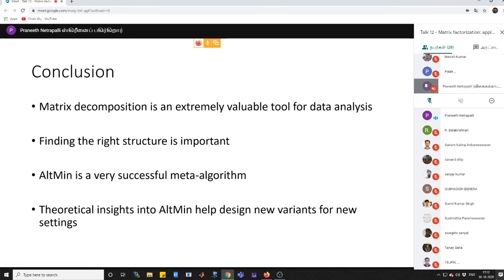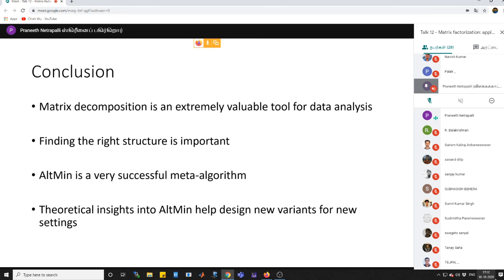So to conclude, I hope I was able to convince you that matrix decomposition is an extremely valuable tool for extracting information from data. However, the kind of decomposition is not always clear, and one needs to have good intuition about the structure of the problem and the domain the data is coming from to be able to find the right structure.